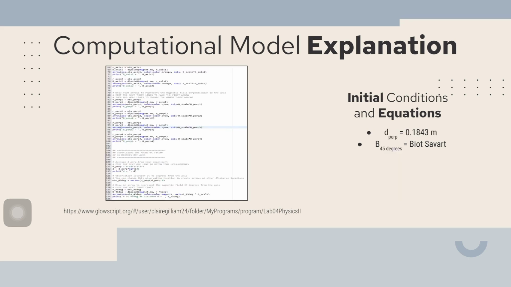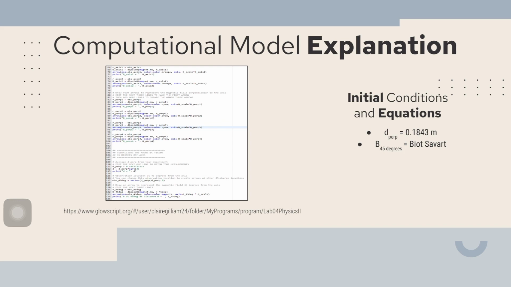Here, we are just creating arrows representing each viewing point on axis and perpendicular to the magnet. And we also know that the perpendicular distance that we found earlier is 0.1843, so we plug that in.